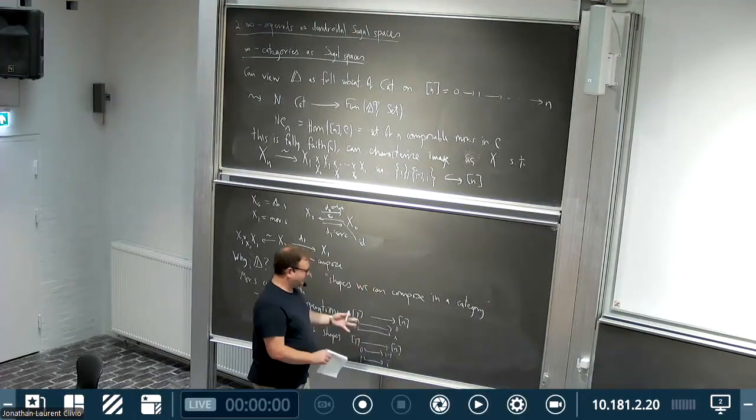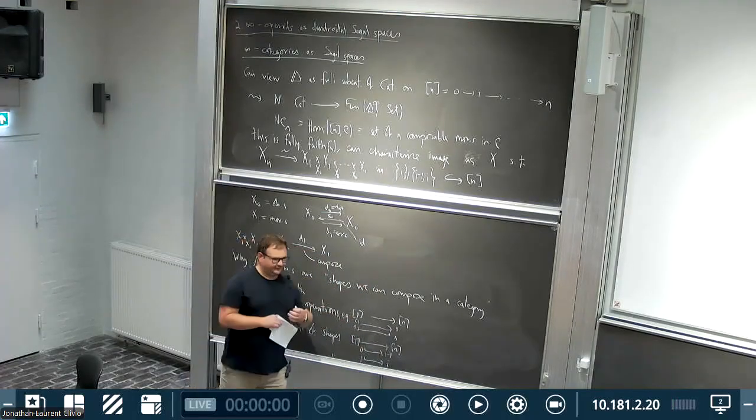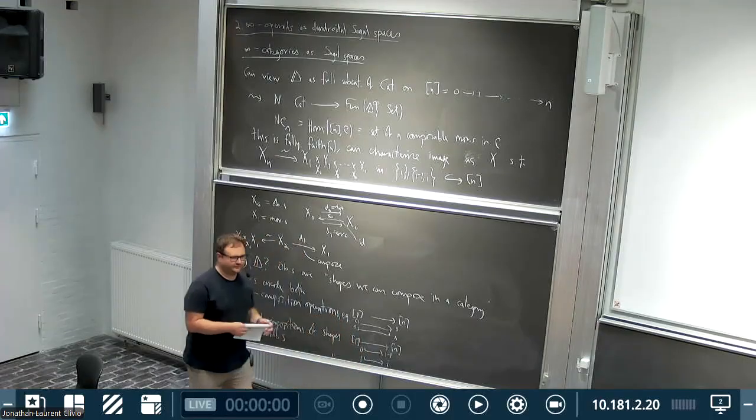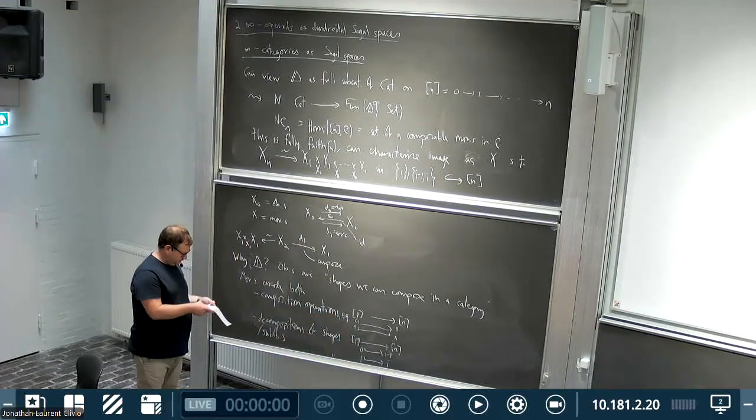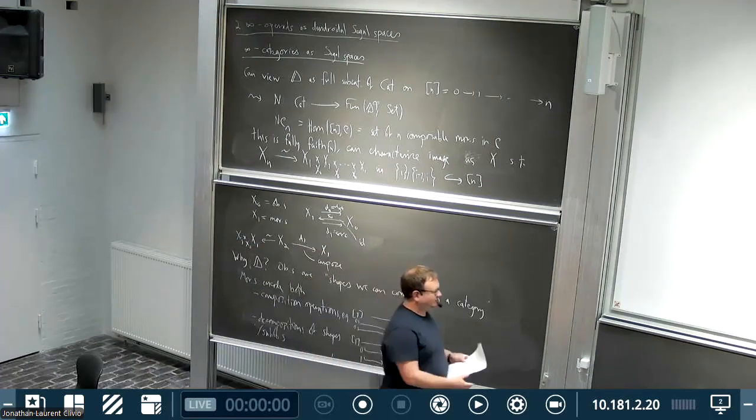And that's going to take my list of n morphisms and project out the ith element in that list of n morphisms. And then the point is that we can use this.